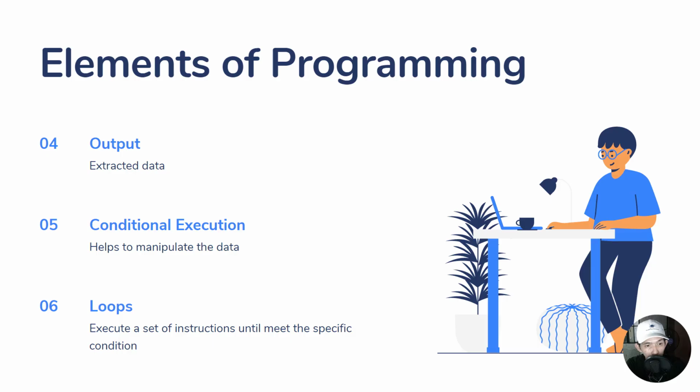Then, we have loops. Ang loops po is it can execute a set of instructions until it meets a specific condition. So, for example, gusto natin mag-output ng 1 to 30, o di kaya 1 to 31, kapag gumagawa tayo ng drop-down list box.